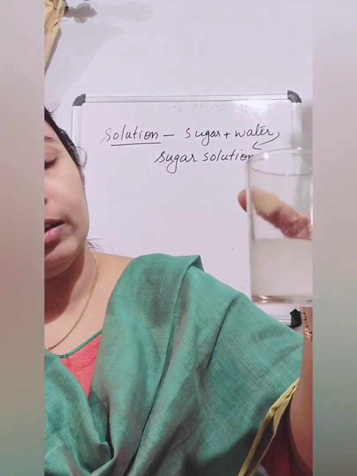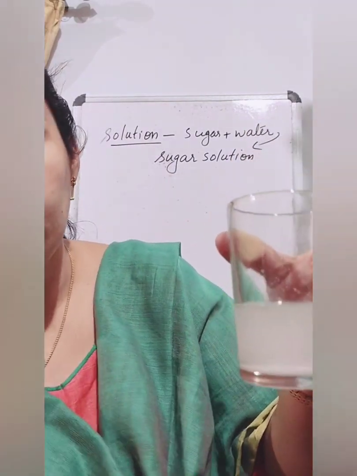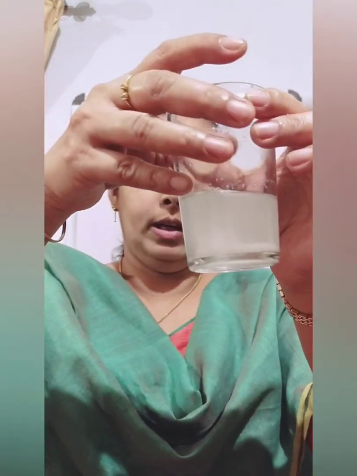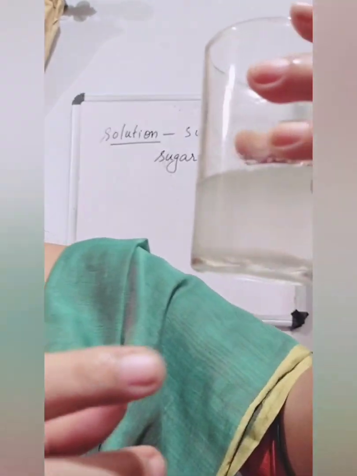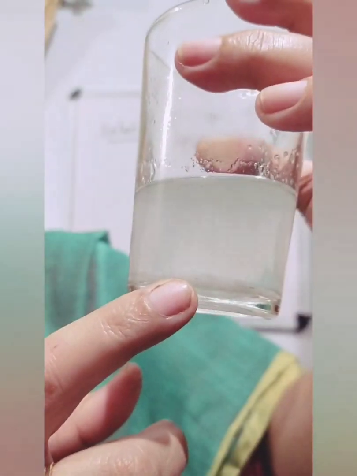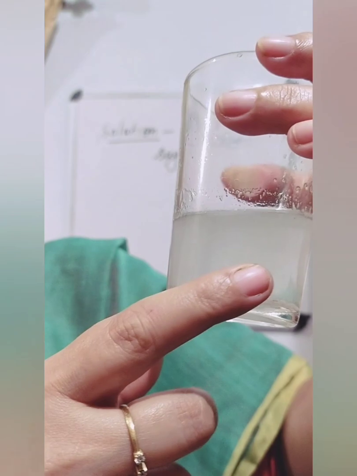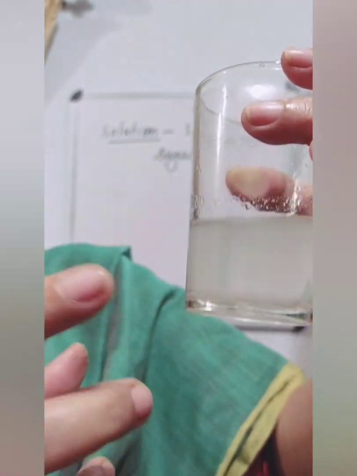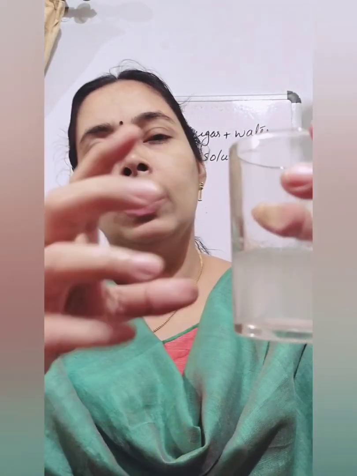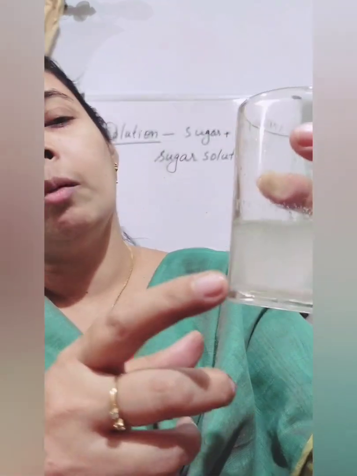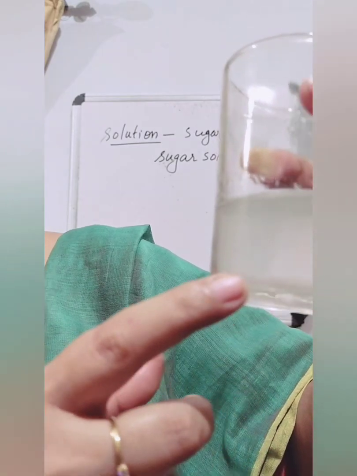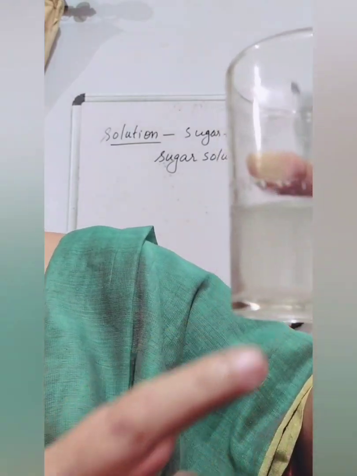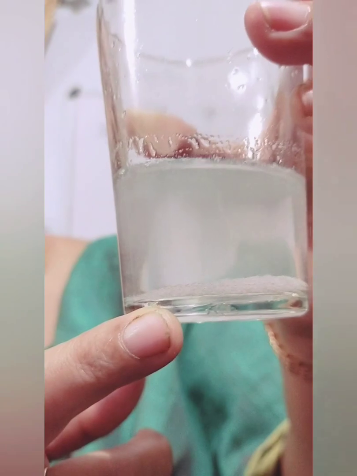But after this you can see this salt is not completely dissolving in water. You can see some amount of salt is settled down at the bottom. So when I add 3 spoons, they dissolve in water. But when I add the fourth spoon, you can see that salt is not dissolving in water. It comes down and settles at the bottom of the glass.